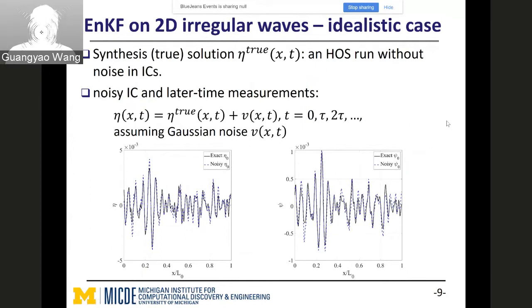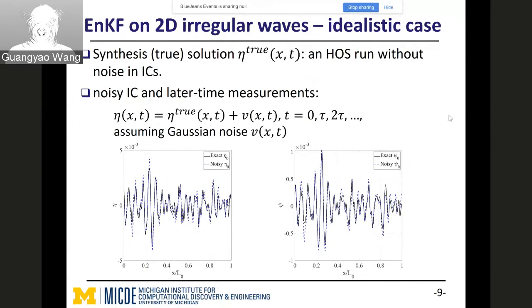We first generate the exact solution, which will be used as a reference solution, by running an HOS simulation without noise in the initial conditions, which means that we assume that the HOS method has no model error or noise.